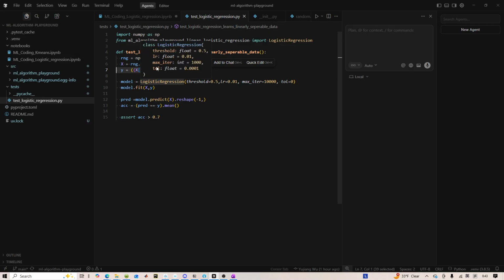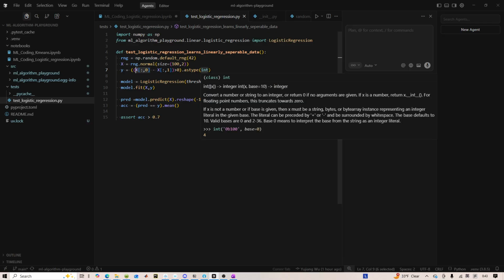I created 100 samples with 2 dimensions, and if the first dimension is larger than the 0th dimension, it will return true.